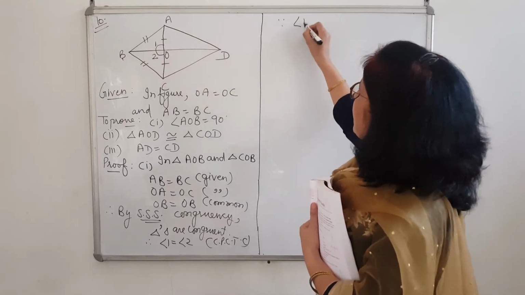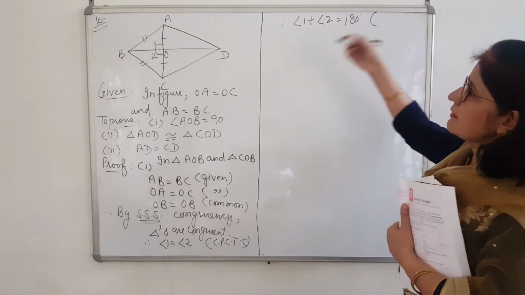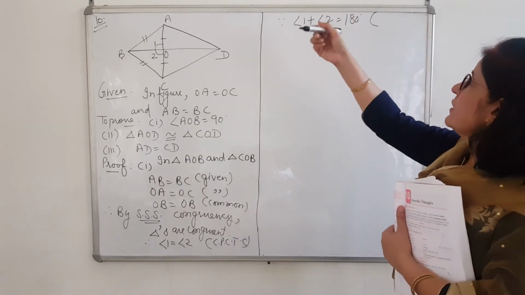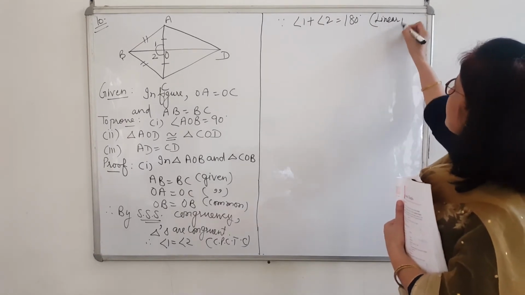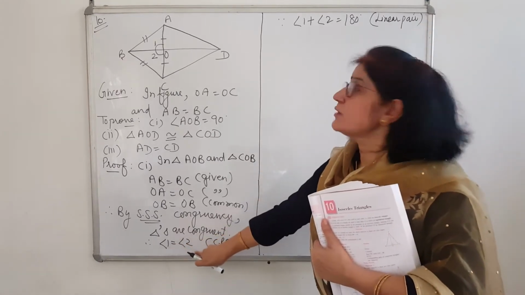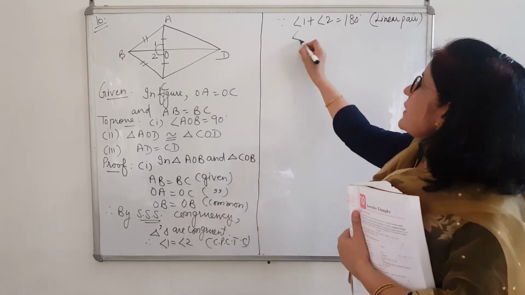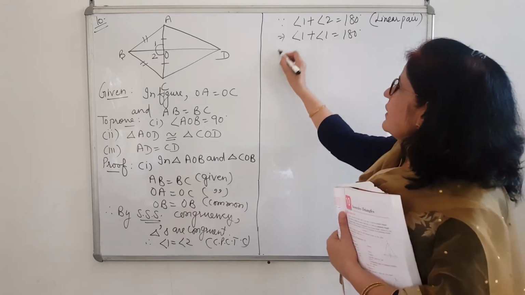Because angle 1 plus angle 2 is equal to 180. Reasons you can give any, straight line angle or linear pair, that is up to you. But angle 1 is equal to angle 2, you can substitute angle 1 plus angle 1 is equal to 180.